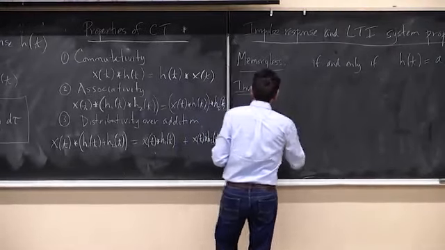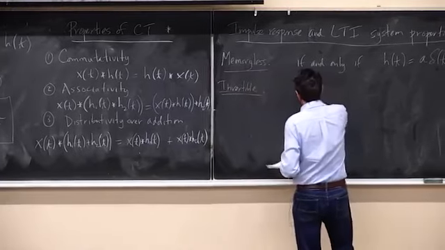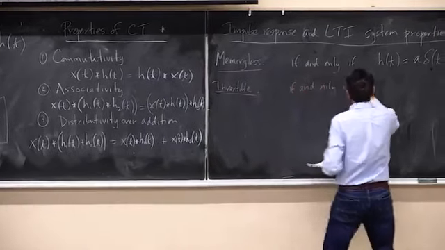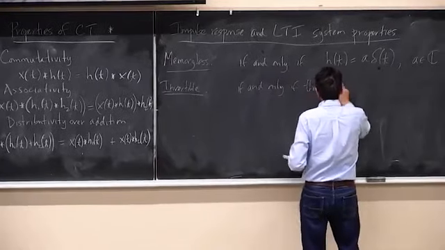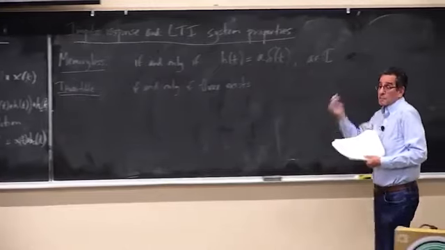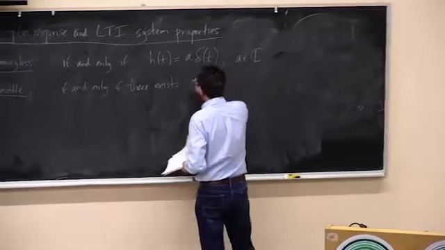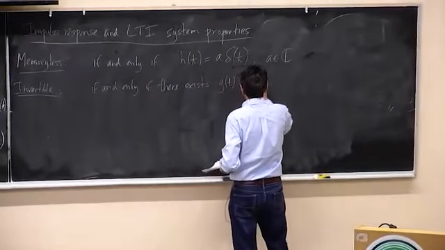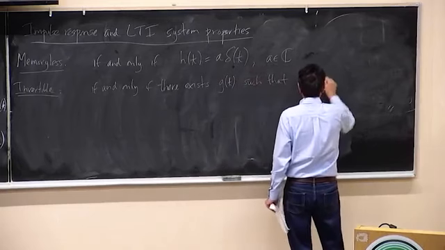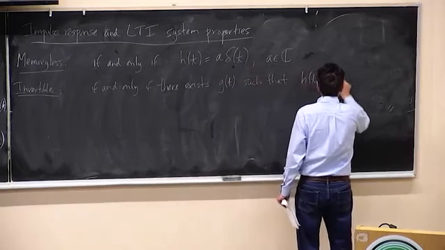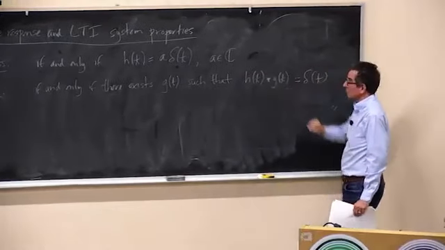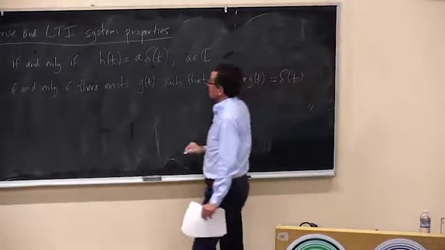The system is invertible if and only if there exists some other signal, which will basically be the impulse response of the inverse system, g of t, such that when you convolve h with g, you get a delta function. So not multiply, but convolve. Okay?